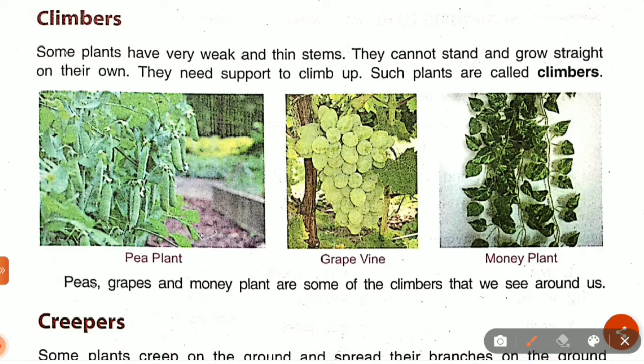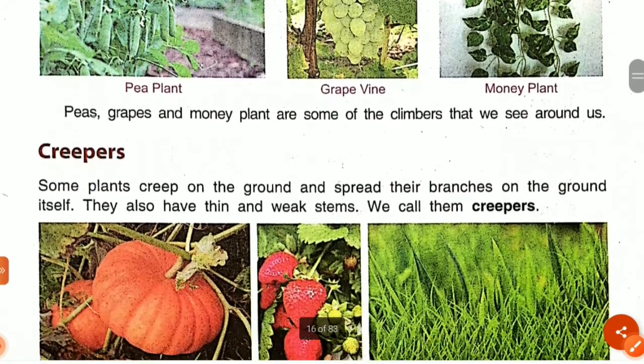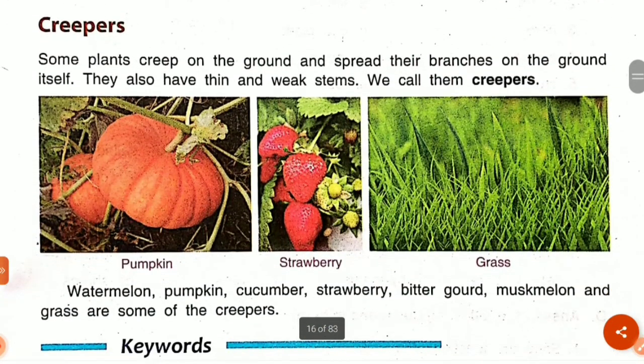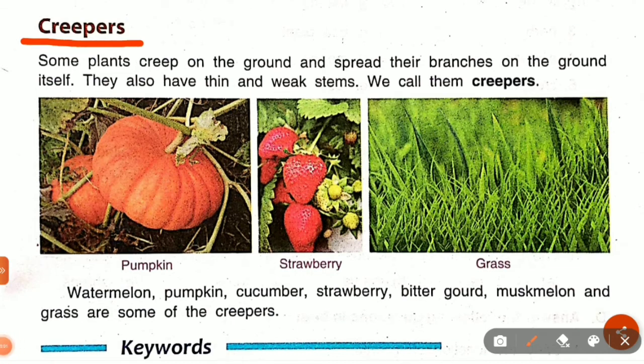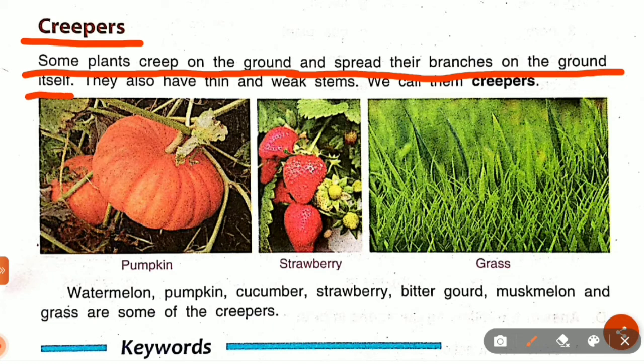Okay. Right. Now let's go to the next category of plant. What is the next category of plant? It is called creepers. Some plants creep on the ground and spread their branches on the ground itself.